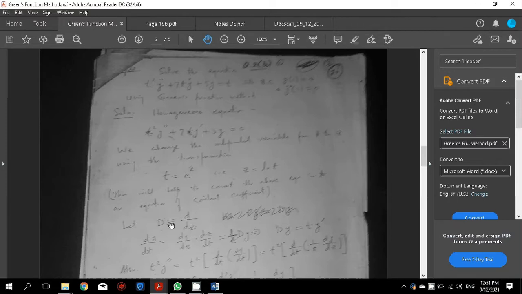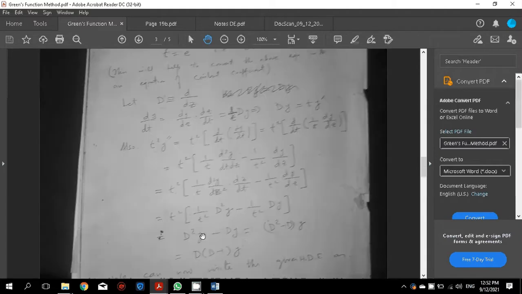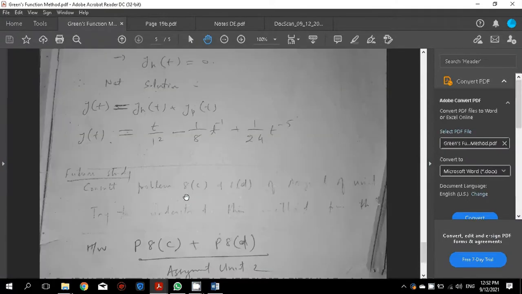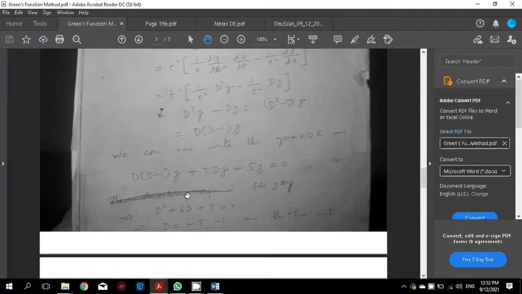But by doing this transformation from the independent variable t to the variable z using this equation, we have transformed this equation into this equation, and you see that this equation is an equation with constant coefficients. So that's why we have written this solution.